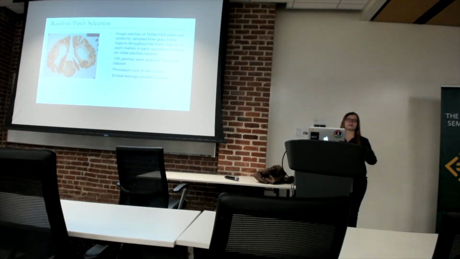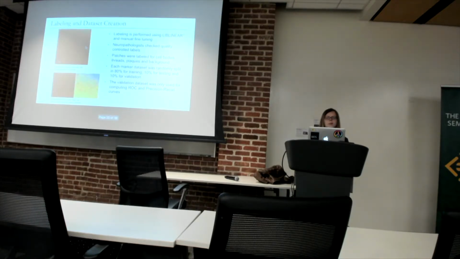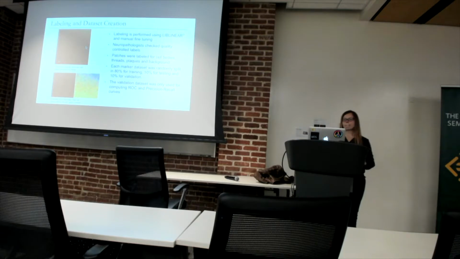Remember, this is running on a cluster, so I can just run it in parallel for each slide. I randomly get patches of images from white matter, which is this region here, and save them. From this big data set, I select 100 for each marker, and from those 100, I create labels.